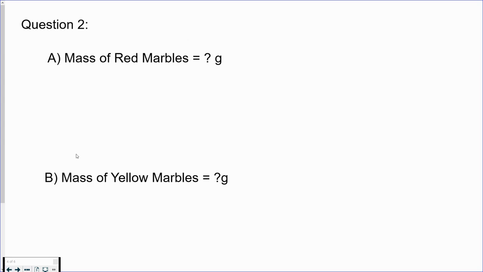So in order to do these problems, you'll need to also pull up the data manipulation notes, and in there you will find the numbers. So as we work through, you'll be able to further see these numbers. The mass of the red marbles. So they gave us the mass of the basket.